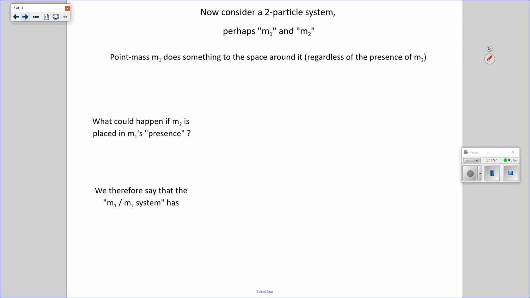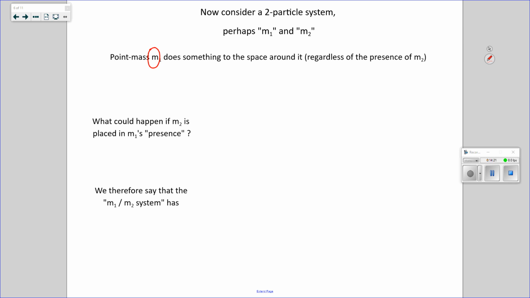Well, here's the thing. If you take a single object, any single object, it can have kinetic energy, sure, but any and every single object, and by object I mean a mass, every mass does something to the space around it. Depending on where you are in physics, this is either brand new or not, but for my dudes, it's brand new.